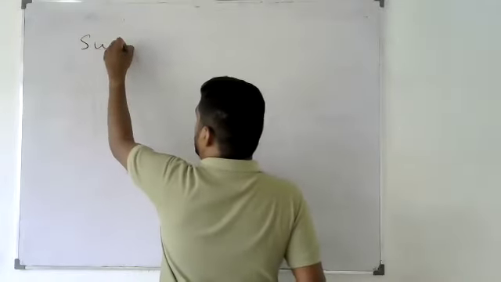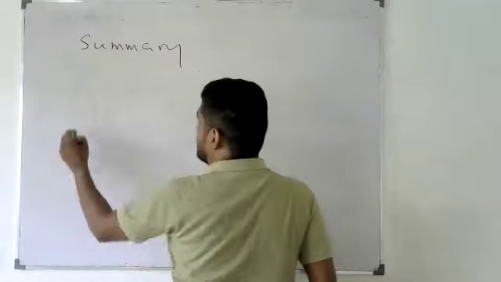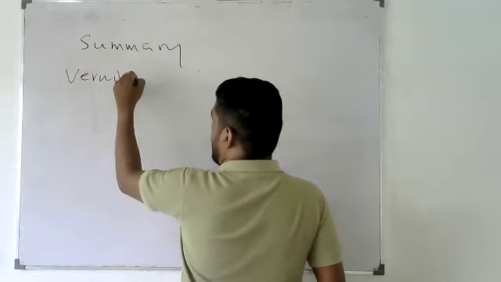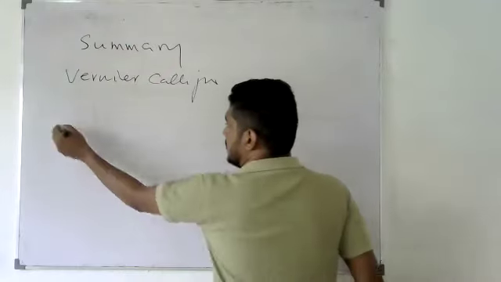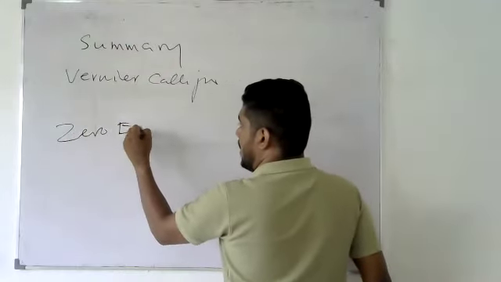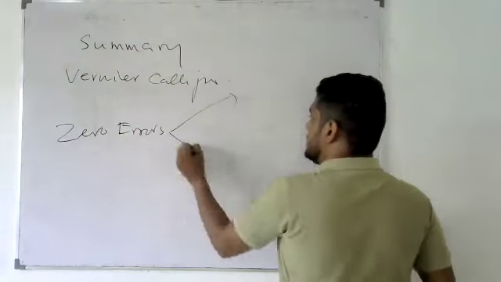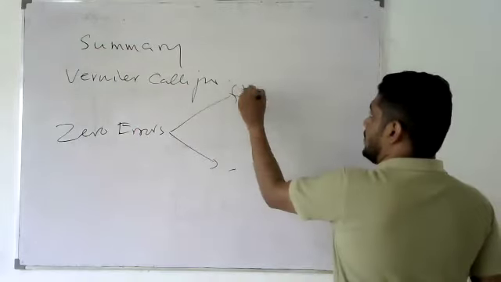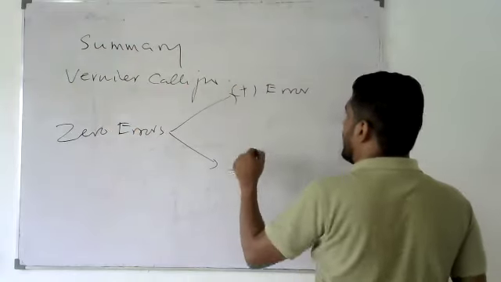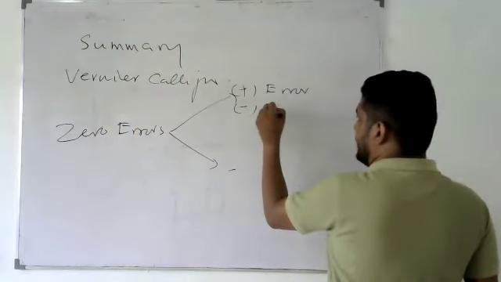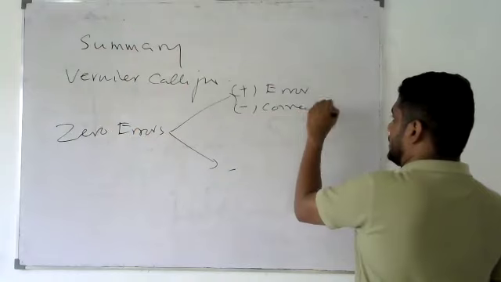If we write a summary of the vernier caliper: zero errors. Positive error, negative correction.